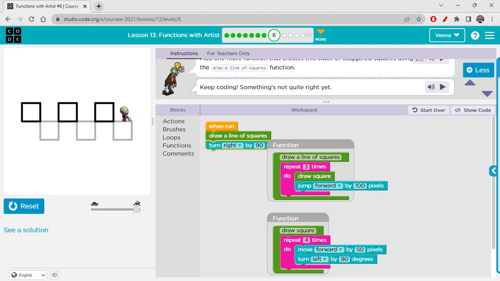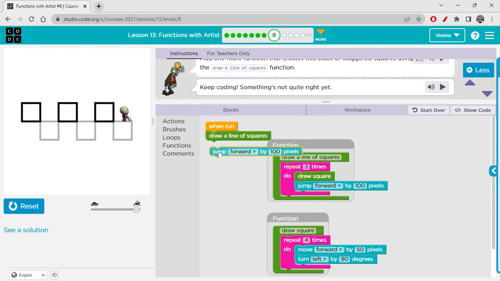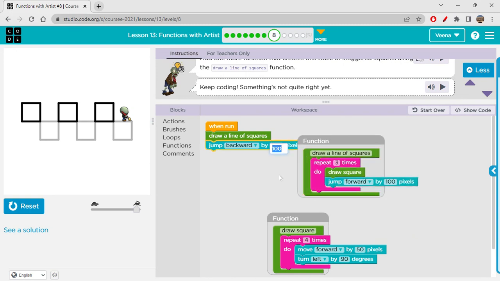Or don't turn anywhere. Let's put him here, right? So it's 50, 100, 150, 200, 250. So jump backward by 250 pixels, that should be enough. And then let's draw a line of squares again. I think that should help out.